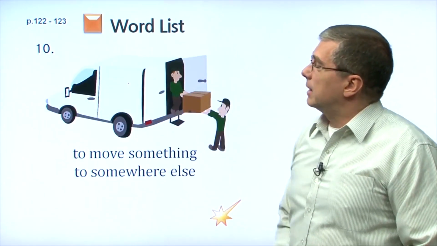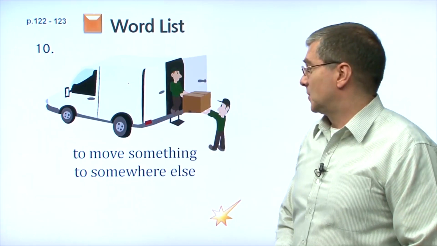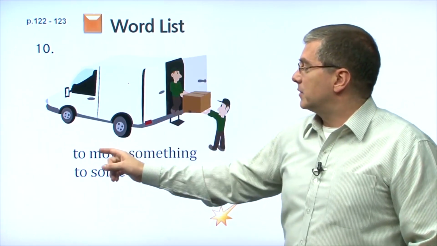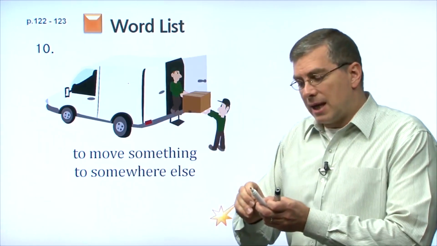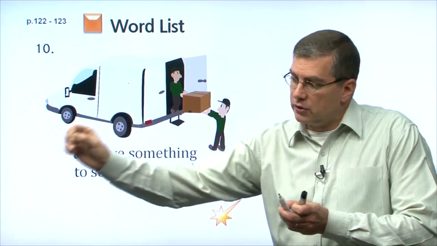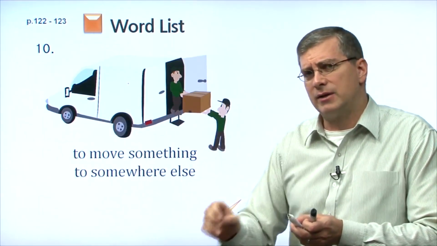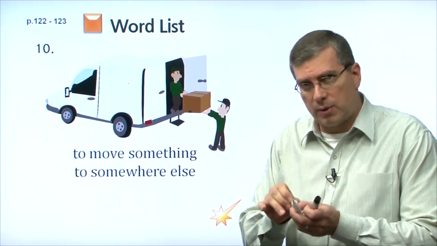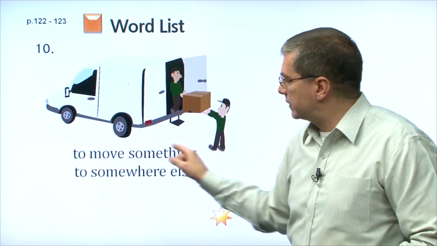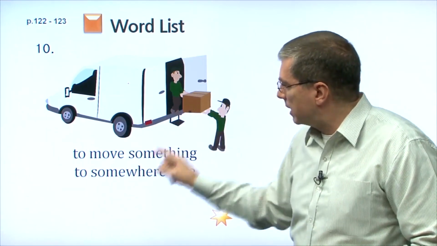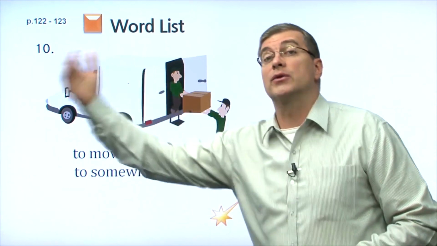Now, let's take a look at word number 10, okay? Sometimes we want to make electricity go from one place to another. So what verb can we use to describe that motion? Going from one place to another. To move something to somewhere else.